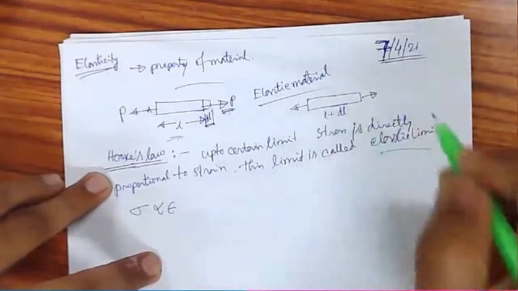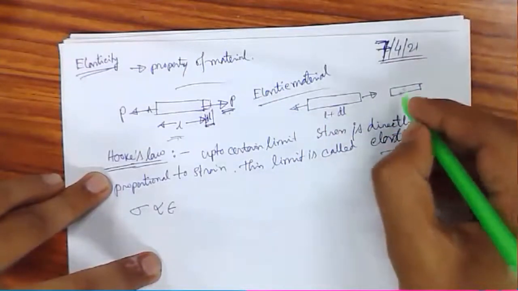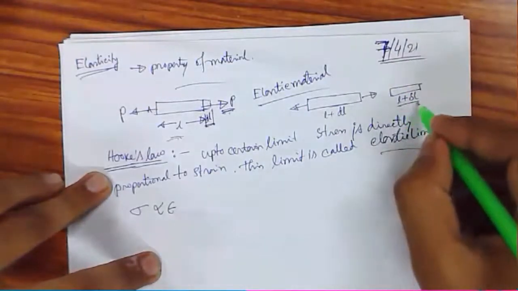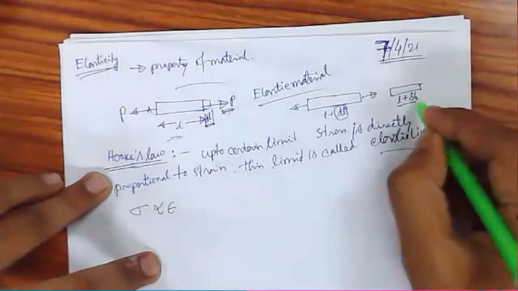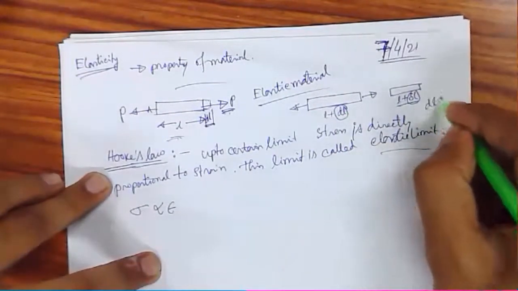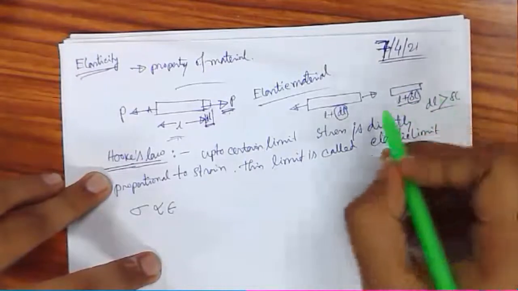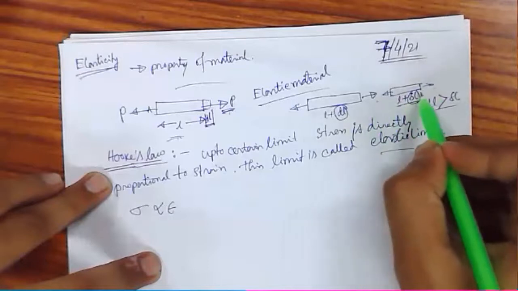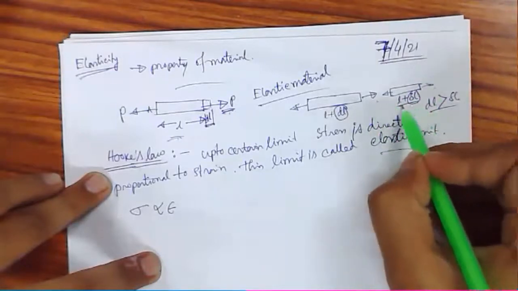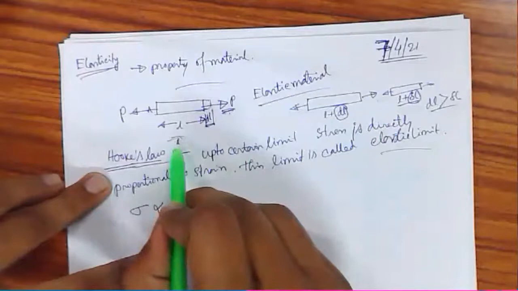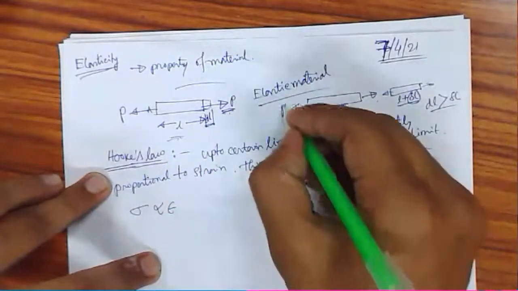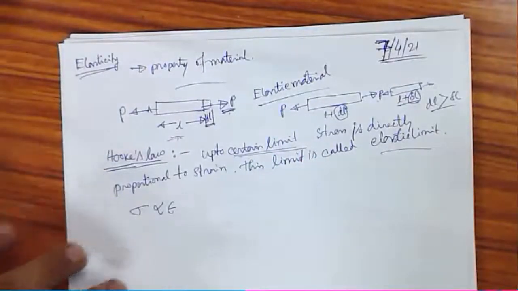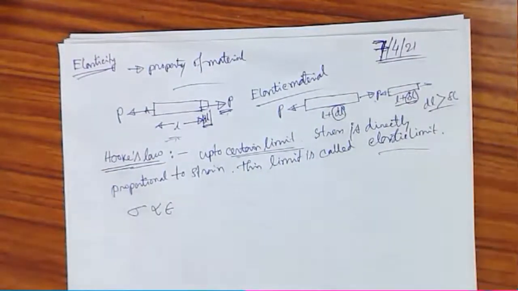It goes back a little amount and goes to L plus delta L. So dl is bigger than delta L. Upon removal of load, it comes back to L plus delta L, not to L, when the loading is above this limit. Okay, so we will discuss it with a diagram.